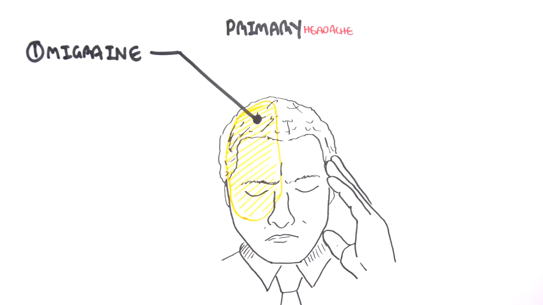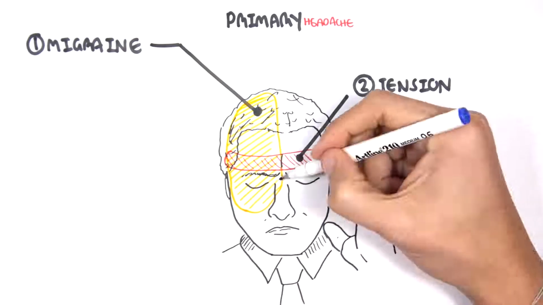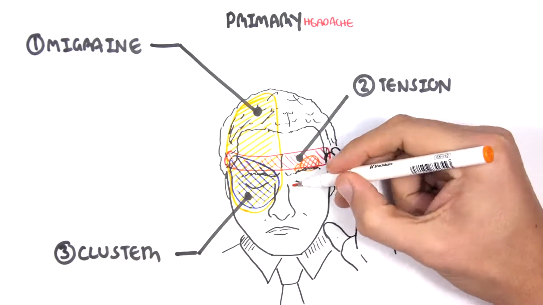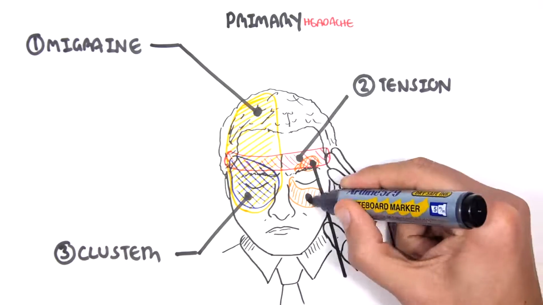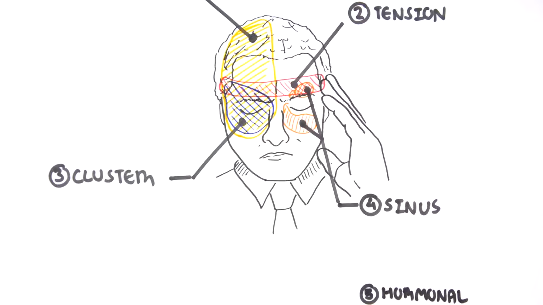Then you have tension headache, which feels like a tightness around your forehead. You have the cluster headache, which is sort of around your eye orbit area, and then you have sinus headache, which is related to when you have sinusitis or irritation of your sinus, and then you have hormonal headache, which is a result of your hormonal levels changing.